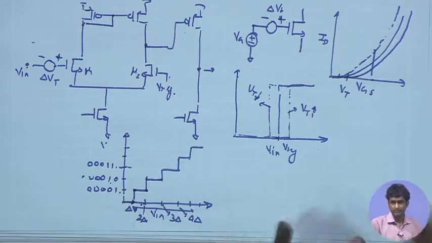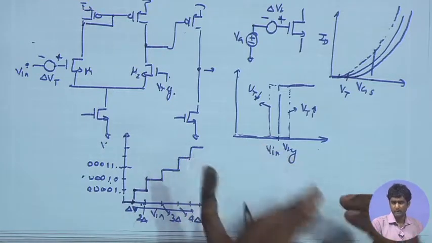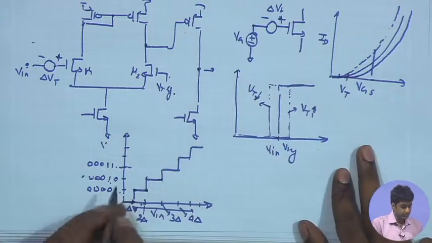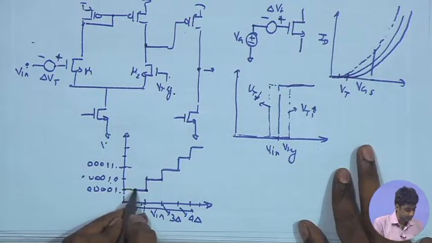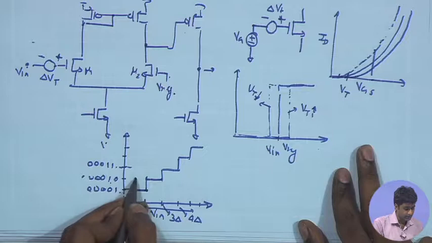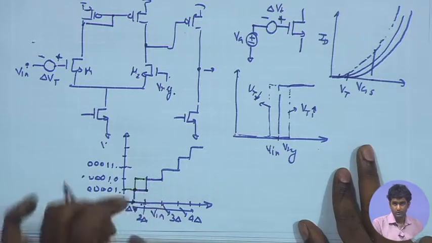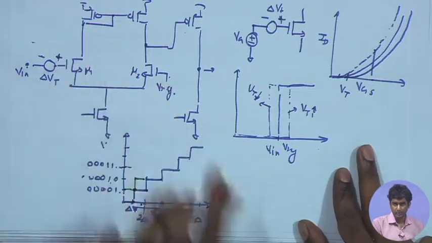Suppose the delta Vt is just around 15 millivolt, higher than 15 millivolt or 20 millivolt. So, in that case, the shifted characteristics will be something like this. So, assuming that delta Vt is say 20 millivolt, it is higher than delta and lower than 2 delta.